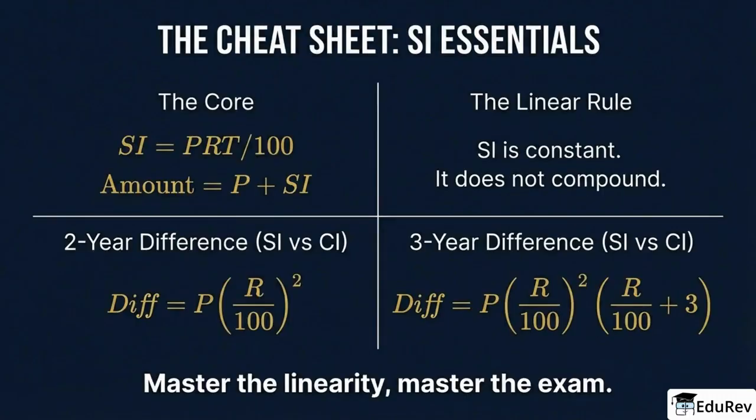This is your execution sheet. Simple interest, PRT by 100. Amount, principal plus SI. Remember the rule. SI is linear. It does not compound. 1 year, no difference. 2 years, P into (R by 100) whole squared. 3 years, that 2-year base multiplied by (R by 100 plus 3).